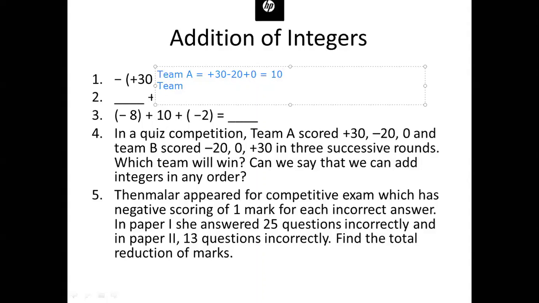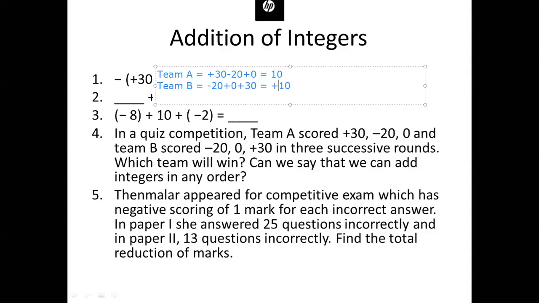Now let's see what team B has scored. Minus 20 plus 0 plus 30. So 0 null value, it is minus 20 and plus 30. So again it is subtraction. So 30 minus 20 is 10. So will it be minus 10 or plus 10?